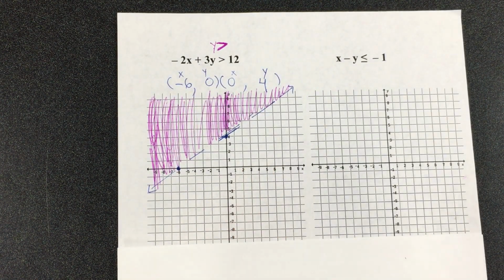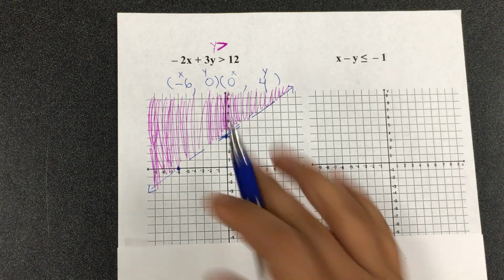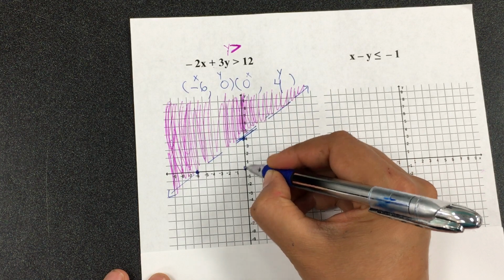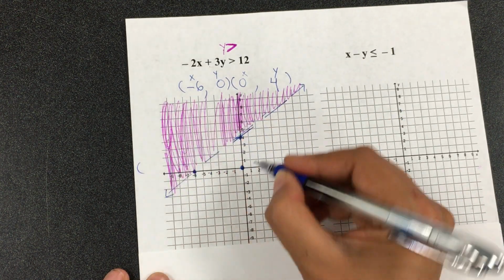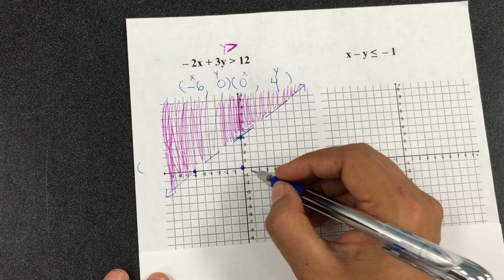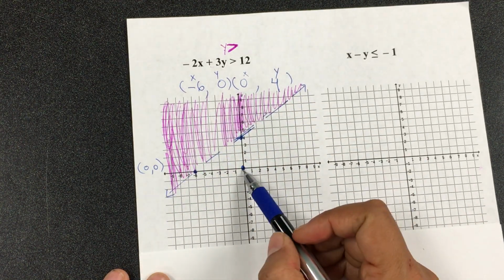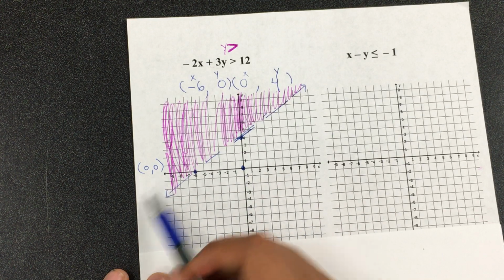Now you can always test a point if you want, and I'm going to show it with this. You can just test 0, 0, which is the easiest to test. Since it's not in the shade, this should be saying false.